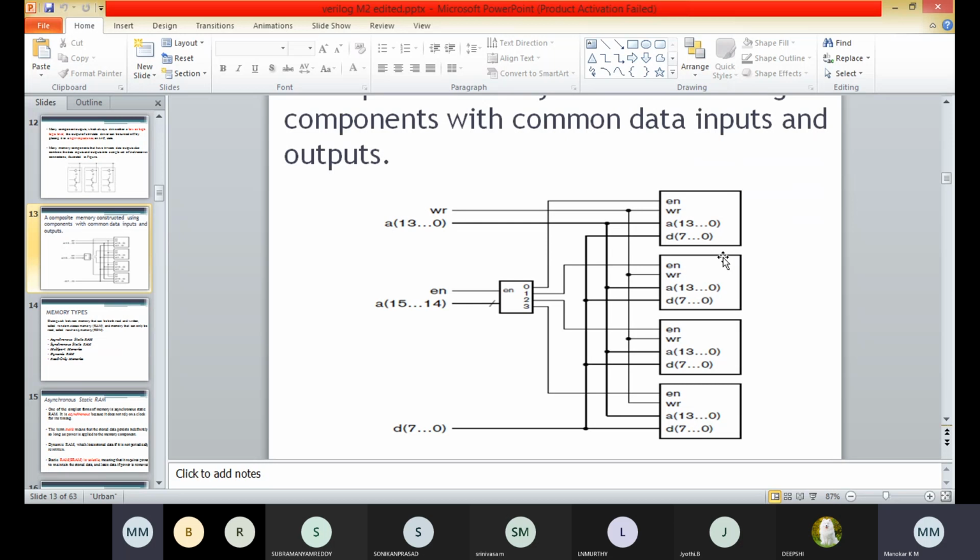Whether we can use tri-state data connections in a memory depends on whether the implementation fabric provides them. Memory components implemented as packaged integrated circuits for use in a large system on a printed circuit board typically have tri-state data outputs or tri-state bidirectional data inputs and outputs.